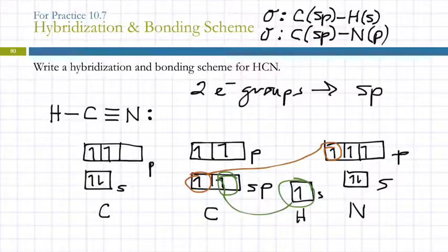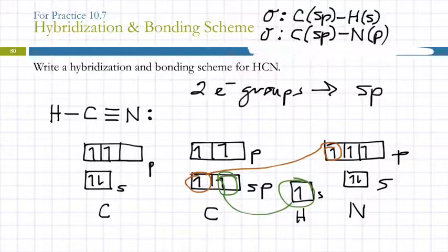Well, we've got 2 unhybridized p orbitals here and 2 unhybridized p orbitals there. Those are going to do the side-to-side overlap and make pi bonds. So I'm going to have a pi bond. On the carbon, carbon's using what for its pi bond?